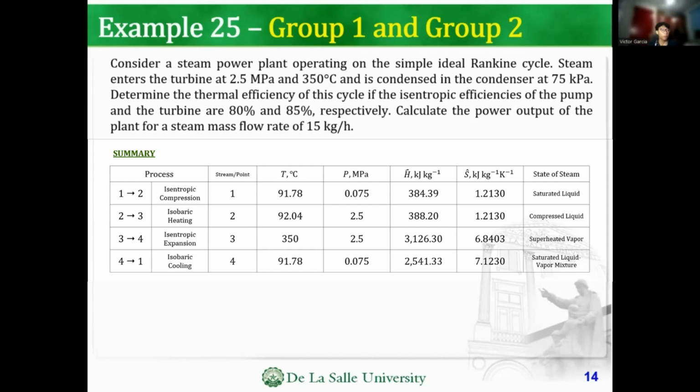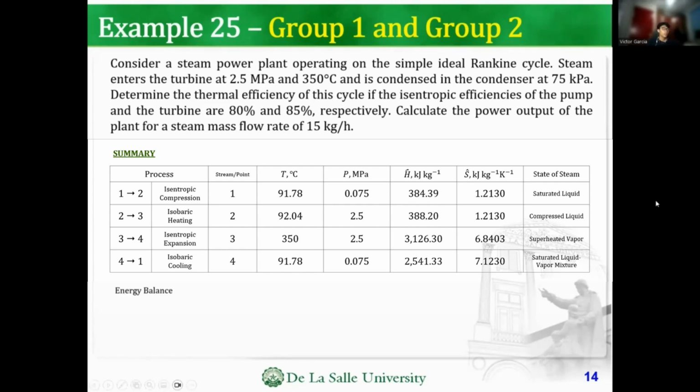And lastly, for process 4 to 1, isobaric cooling, it has a temperature of 91.78 degrees Celsius, pressure of 0.075 megapascals, specific enthalpy of 2,541.33 kilojoules per kilogram, specific entropy of 7.1230 kilojoules per kilogram Kelvin, and a state of saturated liquid-vapor mixture.